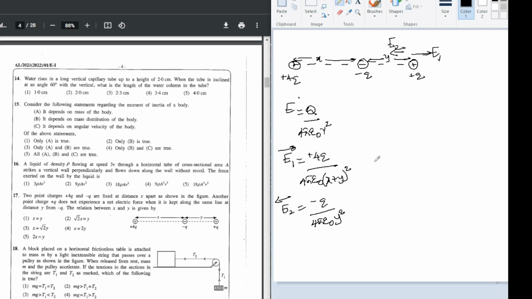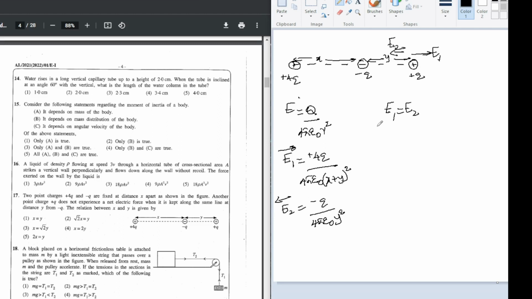Now E1 must be equal to E2 for the condition that the net electric field strength at this point is 0.